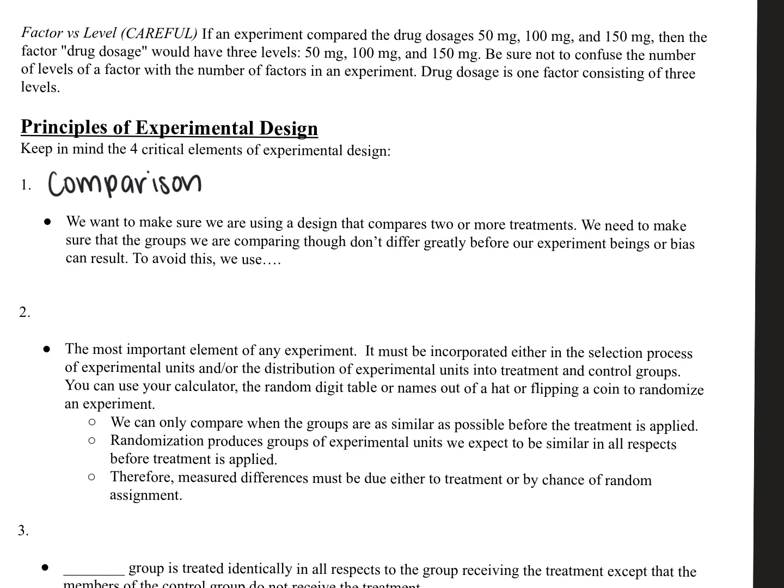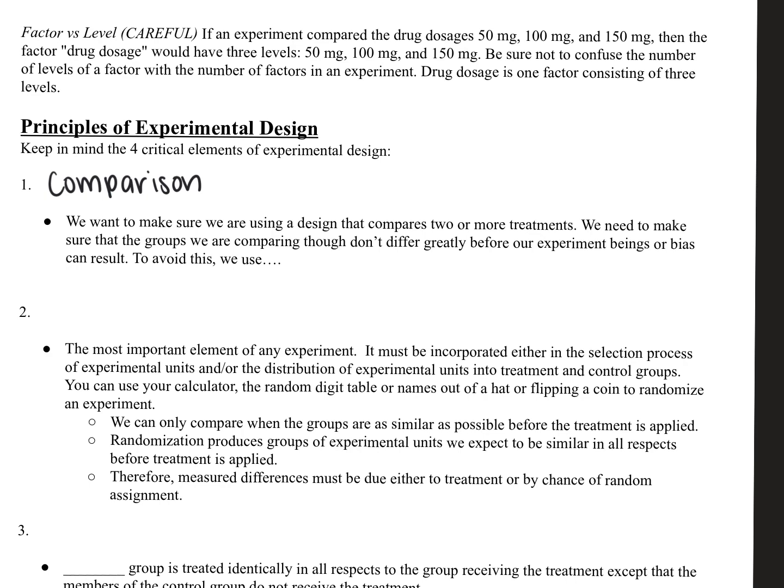Like in the previous example, we're looking at different levels of drug dosages. So that's two or more treatments, because the three levels that we look at are three different types of treatments. And we want to make sure that the groups that we're comparing don't differ greatly before the experiment begins, or you can have some bias that comes into play.